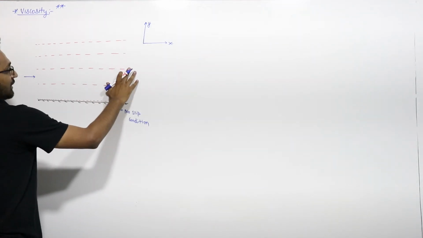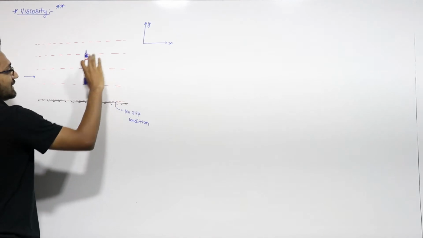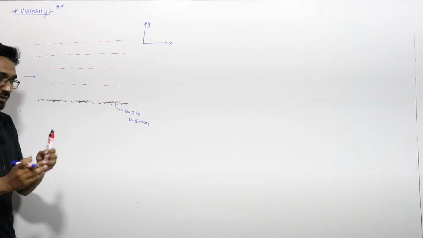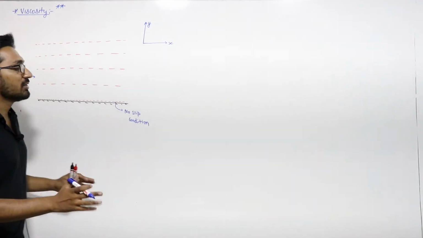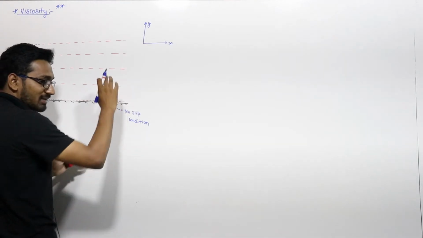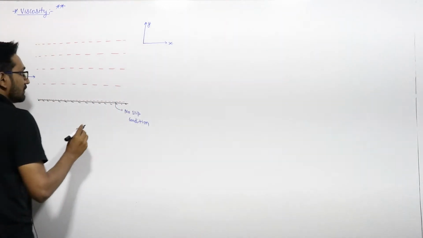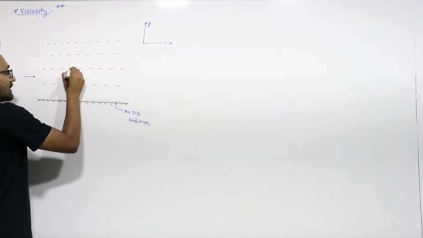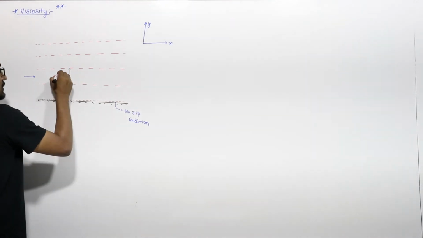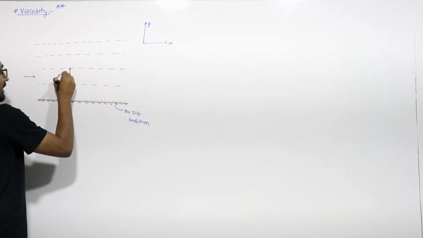Now for better understanding, we take two adjacent layers. Just for better understanding, we draw them with some distance, but they are adjacent layers. The distance between these two layers is dy.